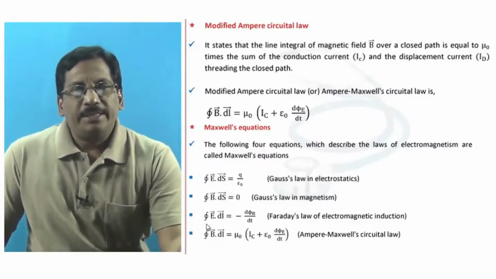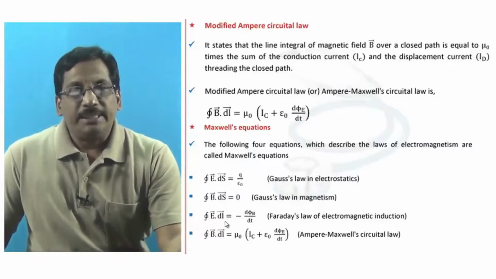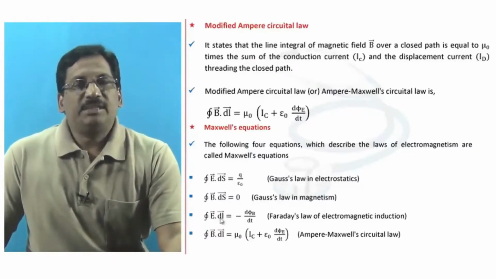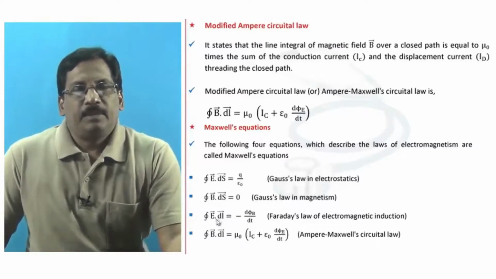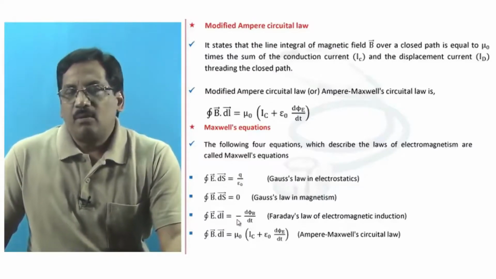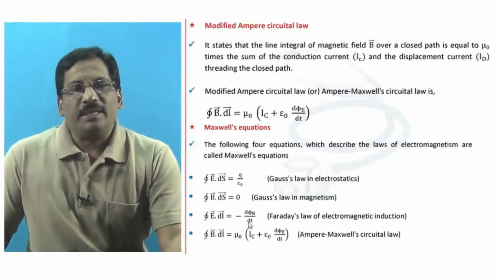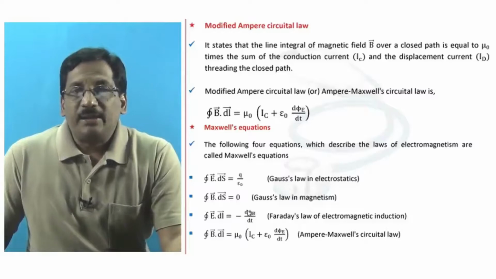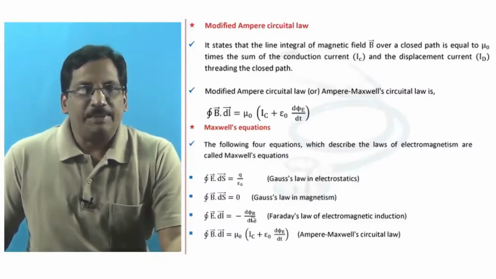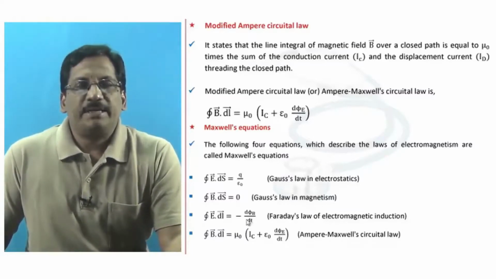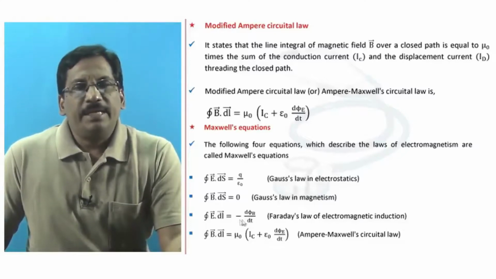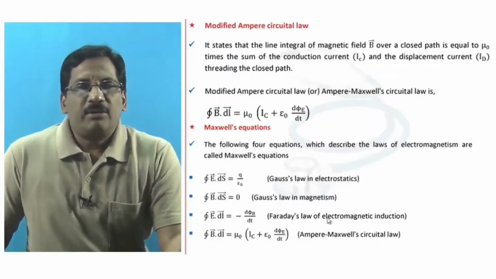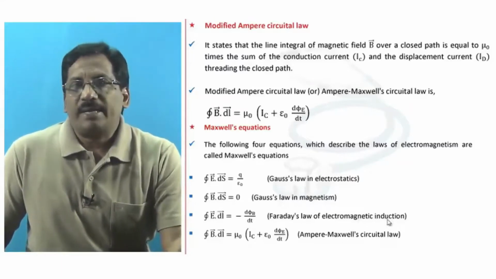Then the integral of E bar dot dl bar over a closed path. This is a line integral. The integral of E bar dot dl bar over a closed path is equal to minus d by dt of the magnetic flux phi suffix B. The negative sign is in accordance with Lenz's law.